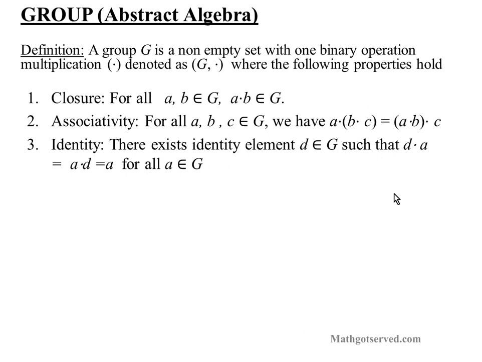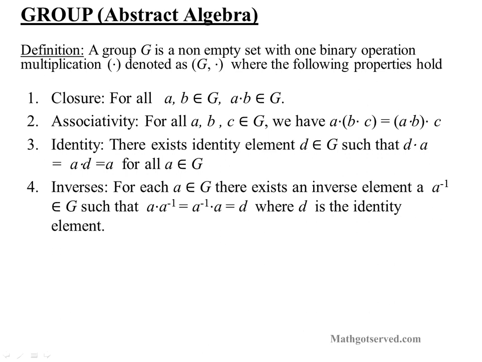The next condition or axiom that elements of a group must satisfy is inverses. Okay? So for each element a in G, there is an inverse, a to the negative 1 in G, such that a times a to the negative 1 is equal to a to the negative 1 times a, and that's equal to D, which is the identity element that we talked about in number 3. All right?